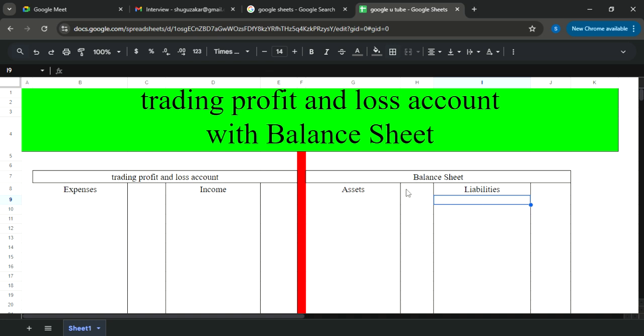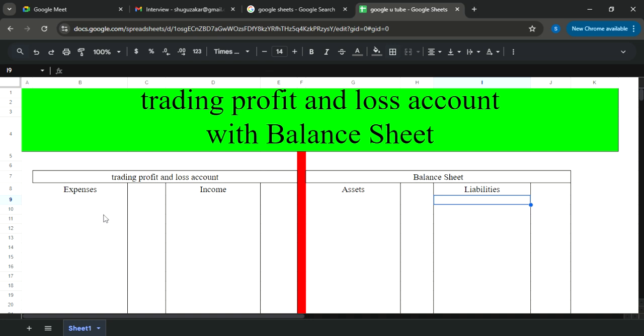Please understand that in your question, assets, liabilities, expenses and income would be mixed. Maybe assets are present upward, liabilities are present downward. So from that mixture, you will pick all expenses and write them in the first column, and then all incomes in the second column, assets in the third column, liabilities in the fourth column.